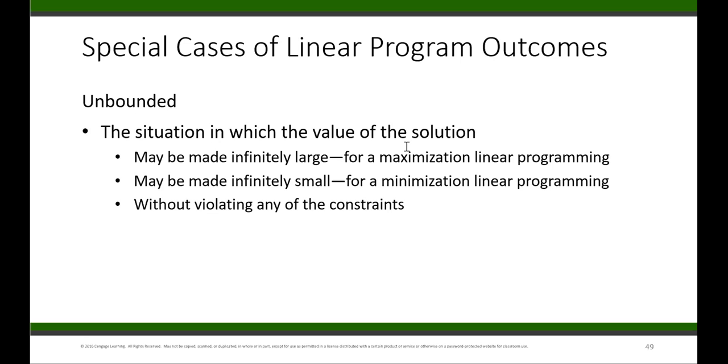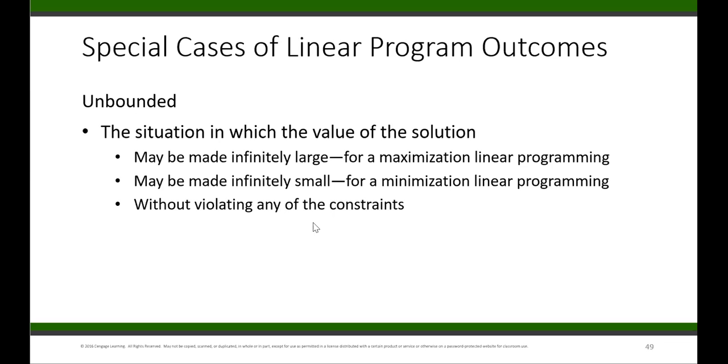That's not good. Or infinitely small for a minimization linear programming. So in this case, your objective function is minus infinity. Here, the value of the objective function at optimality is positive infinity. That's not what we're looking for. We're always looking for a reasonable, finite answer for our question.